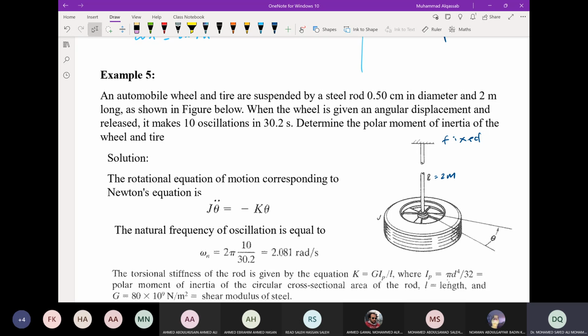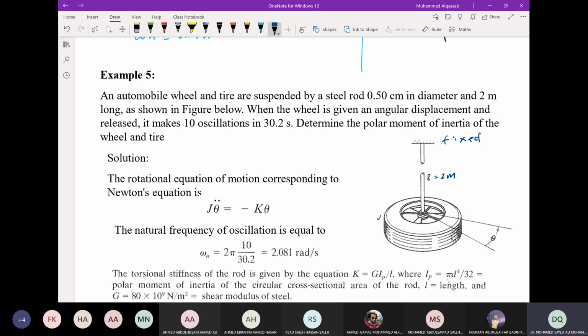You can observe the oscillation, count the number of oscillations, and use a stopwatch. When the wheel is given an angular displacement and released, it makes 10 oscillations in 30.2 seconds.